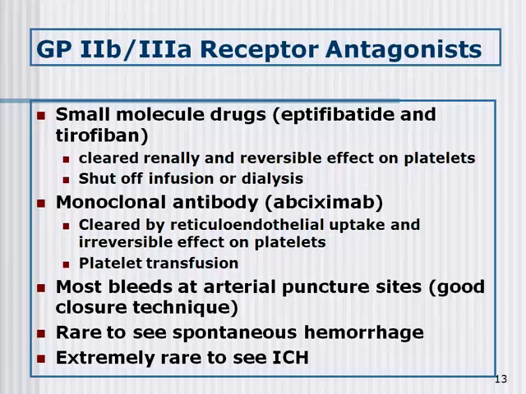There are probably still some institutions that use a fair amount of ReoPro. We do not. For most of our PCI patients, we have gone to eptifibatide, which is Integrilin, and the cost is much more reasonable than abciximab.